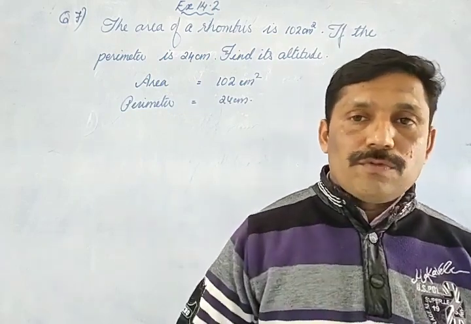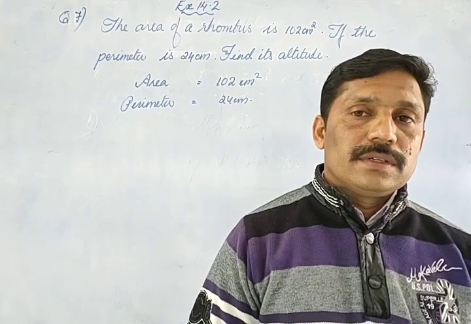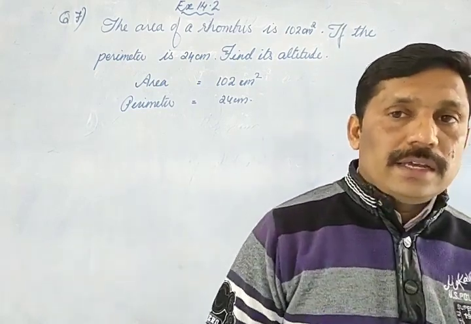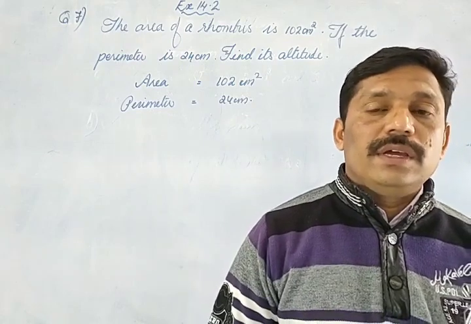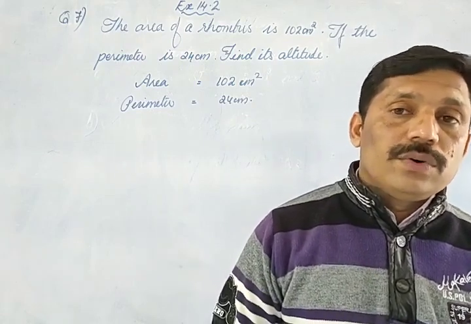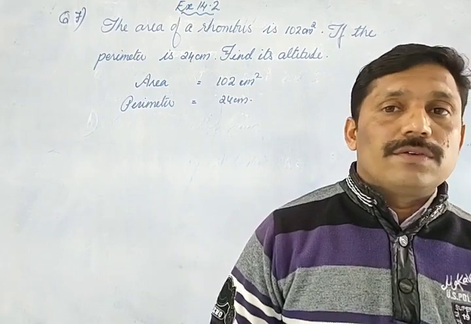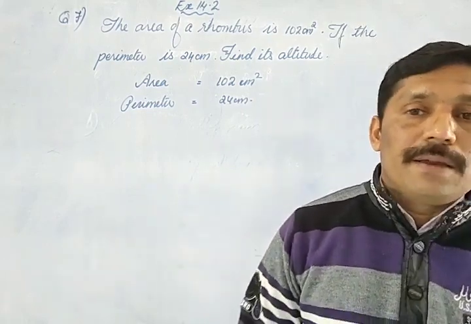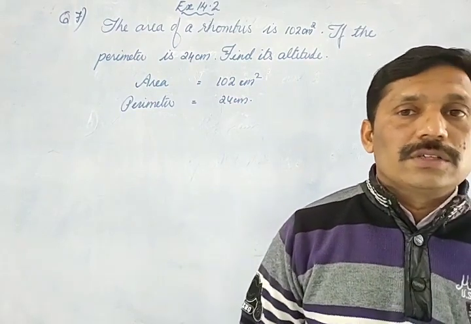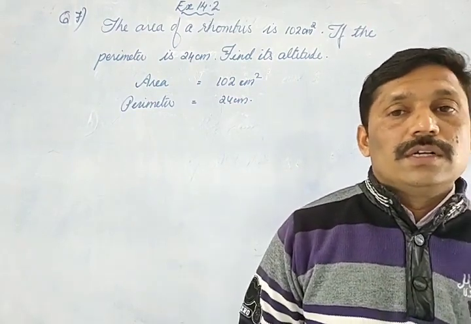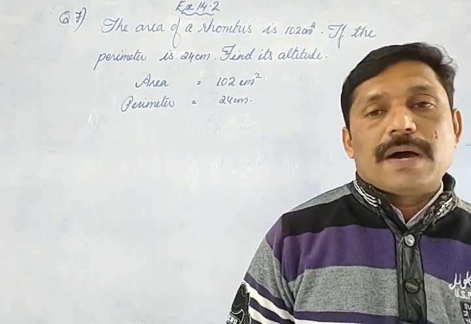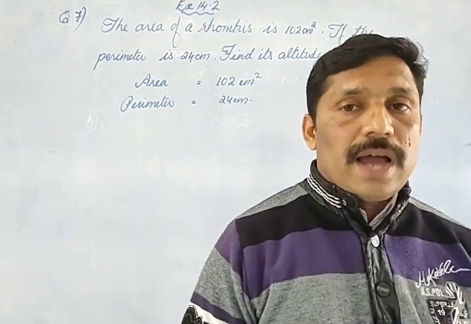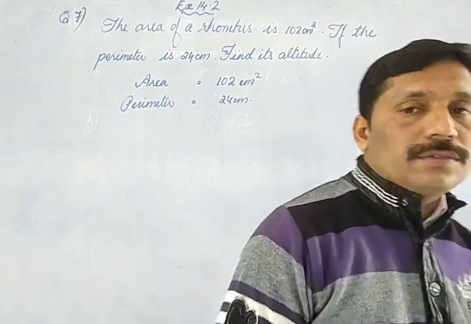Base means the length of one side. So base into height is equal to area. Area is given, and the base we can find from the perimeter, and then if we divide the area by the base, we get the height. Because rhombus is also a parallelogram, and the parallelogram area is equal to base into height. So that formula we can use.